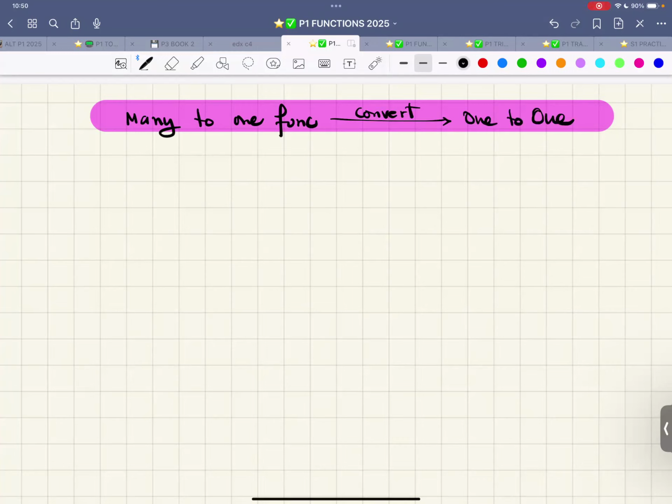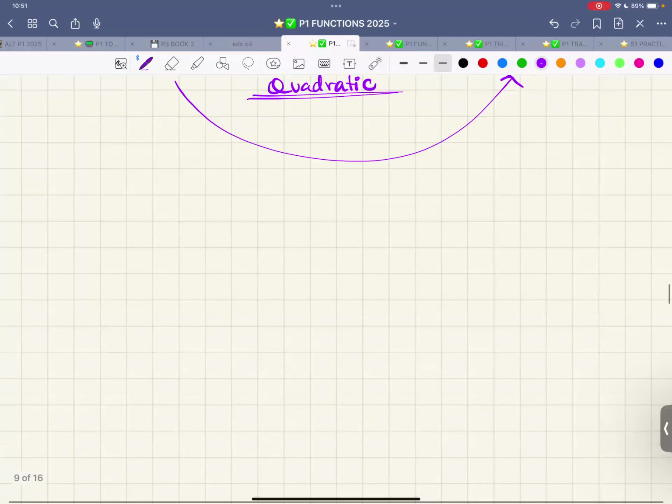Now, the best example that we can work with is quadratic. So a quadratic, by default, is a many-to-one function. That is the default. But I'll convert a quadratic into one-to-one. Now, how will I be able to do it?